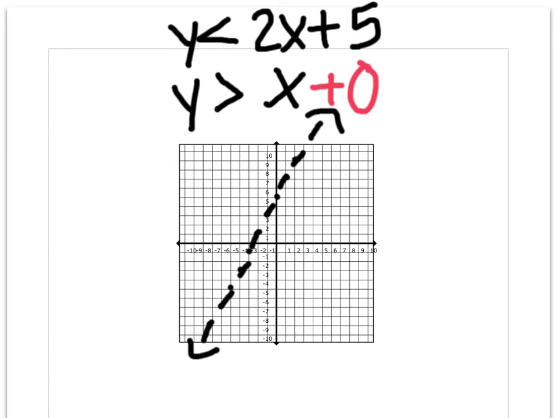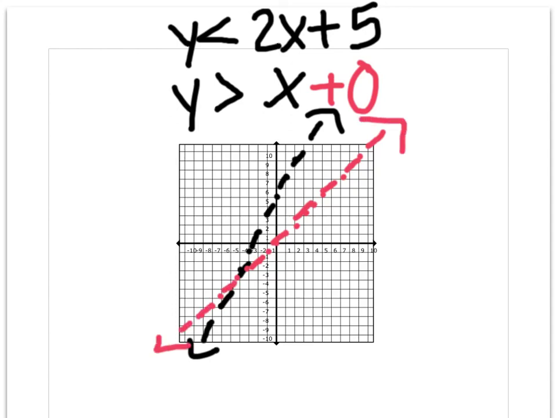Okay, now we have y is greater than x. So we start at 0. Slope is 1. Which means that you can go down 1 and right 1. So we have a dotted line.